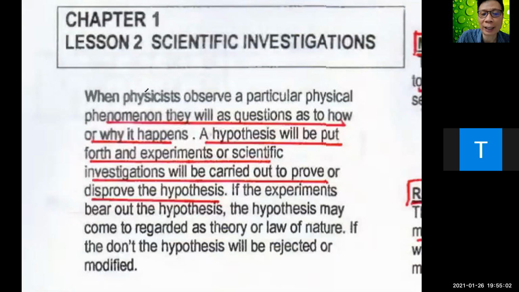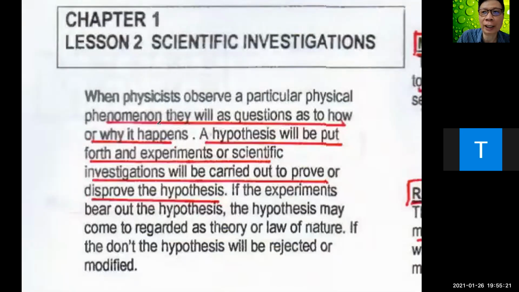You can see here. When I tell you to highlight, you highlight on your paper. When physicists, those who study physics, observe a particular physical phenomenon, they will question how or why it happened. This is an introduction.